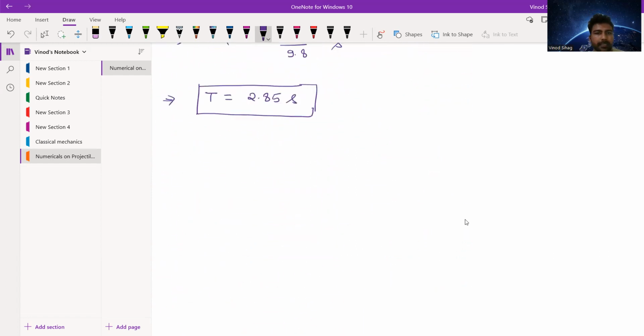In part C, they are asking for the distance AB, that is R, or we can say the range. And we know that the formula for range is u square sine 2 theta upon g.